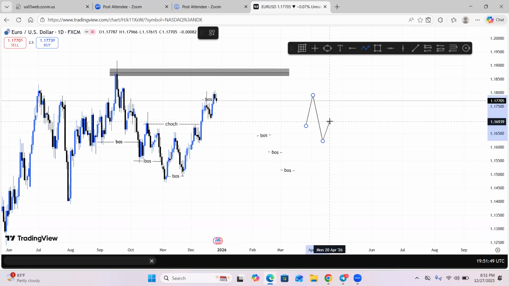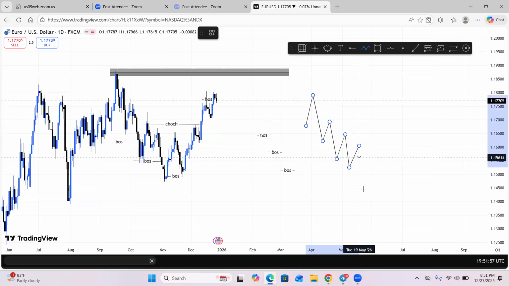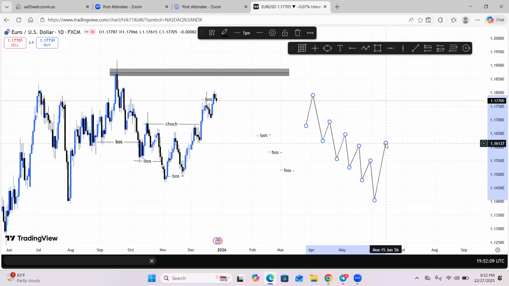The market is moving down like this. It's still moving down, breaking structures to the downside. It's still moving down, breaking structures to the downside. Then all of a sudden, the market came and cleared this level.